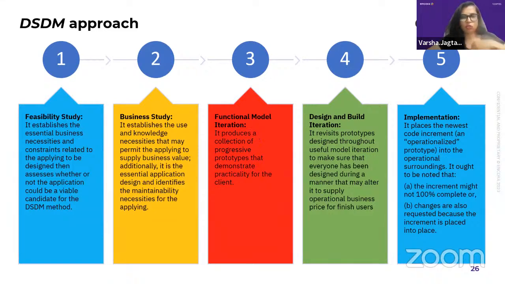Okay, and after the third phase, we go to this design and build phase. Here they do the implementation, and then they routinely check whatever you have developed, and you are collaborating with the client.